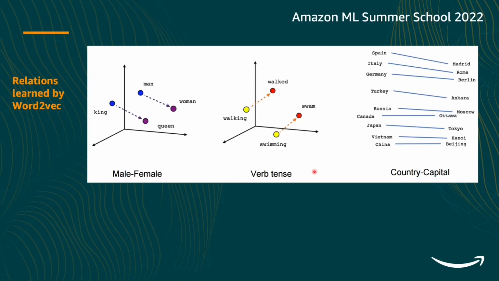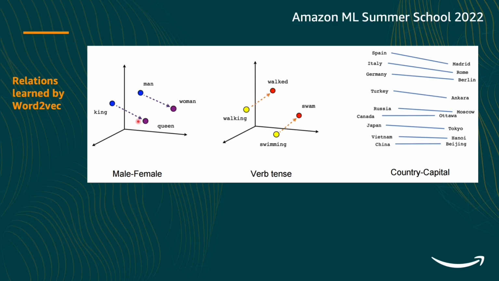And one more property is that these embeddings also capture nice, meaningful properties in their dimensions. So let's say if we subtract men from women, this difference turns out to be almost the same as the difference between king and queen. So it means that this certain dimension, which is the difference, captures the meaning of gender.